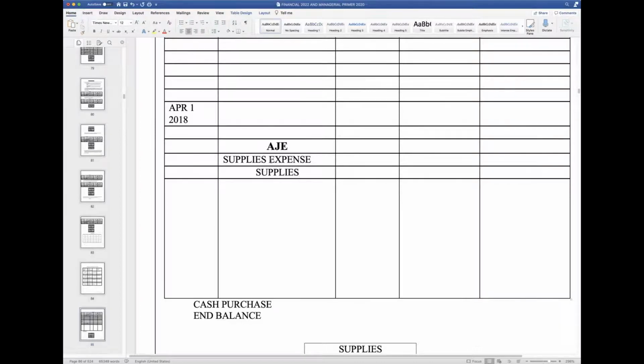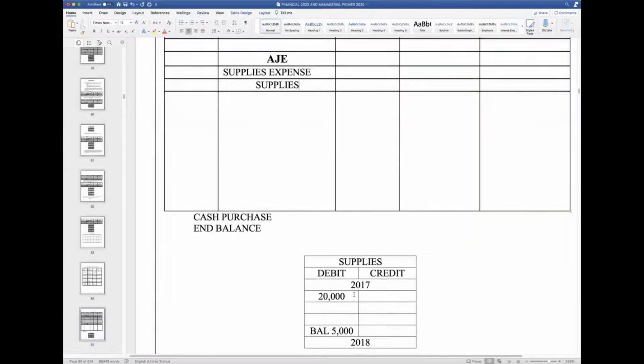Okay. So in this problem, we had 20,000 in supplies. We have 5,000 left. So the adjusting entry is always the difference, Cameron. It's always the difference between what we originally had and what we have now.